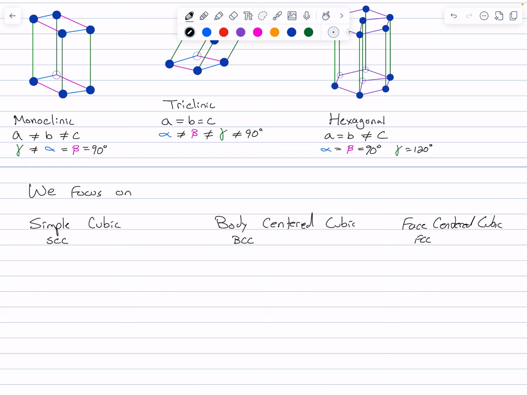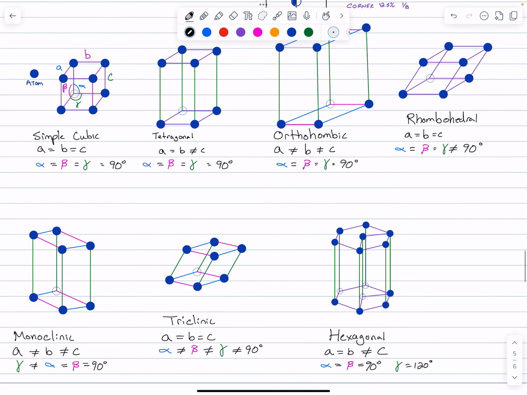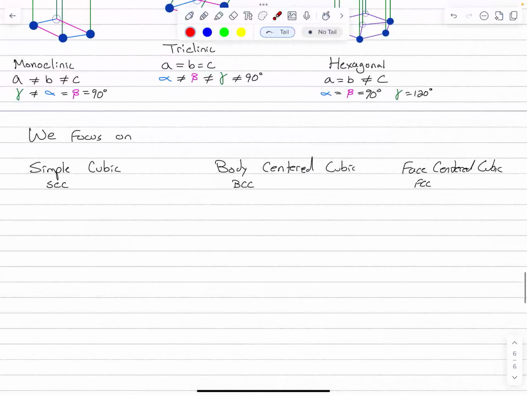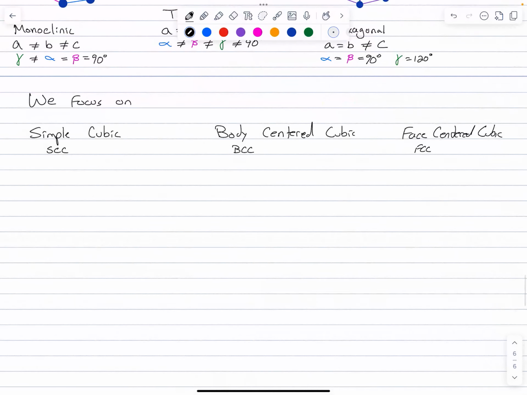So what are these? Well, simple cubic is this one right here. Let me draw that real quick.